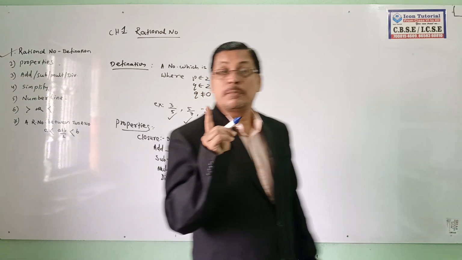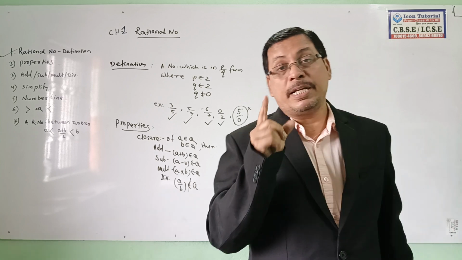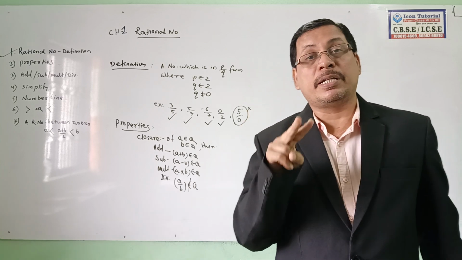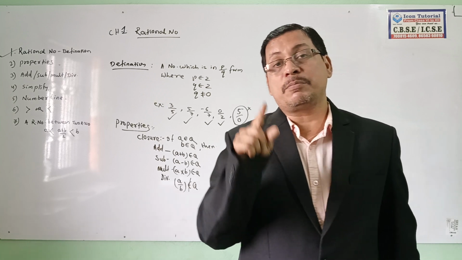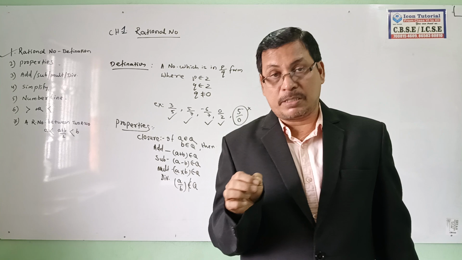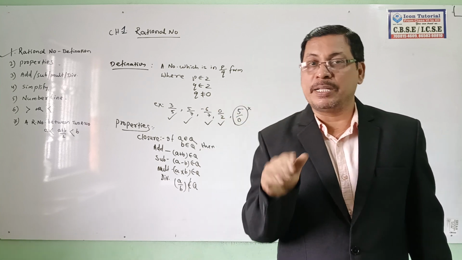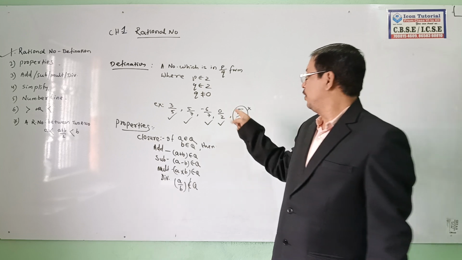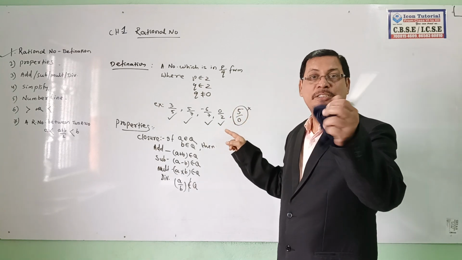If A is a rational number and B is a rational number, then A plus B is also a rational number, A minus B is also a rational number, and A into B is also a rational number. But A by B is not always a rational number, because if B is 0 it is not.